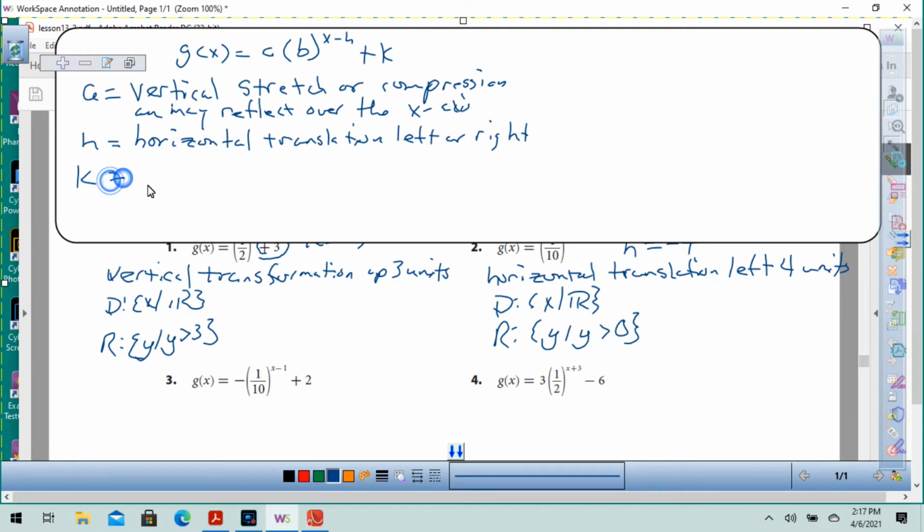And k is a vertical translation, up or down.